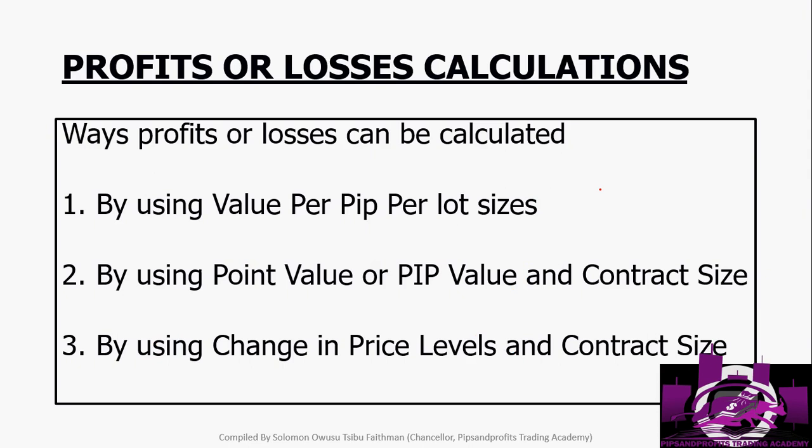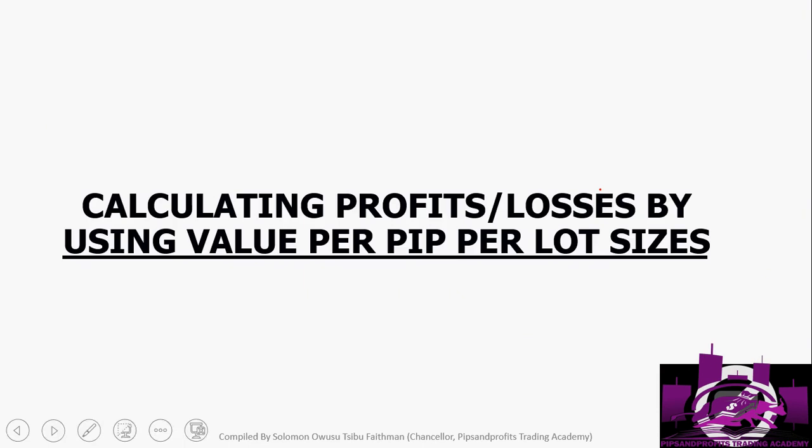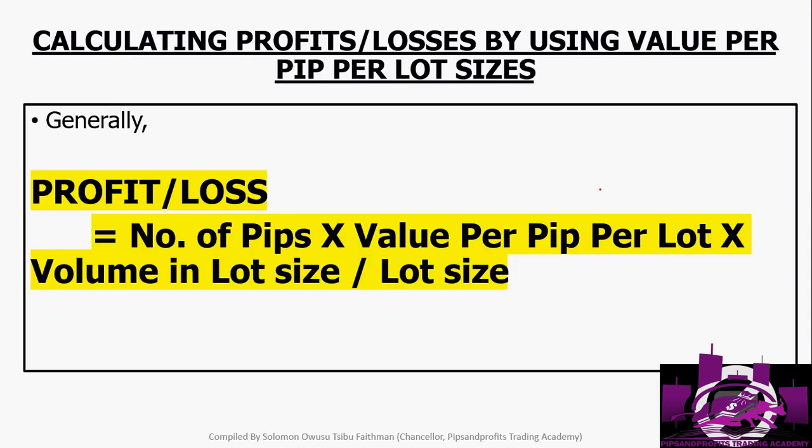When we are using the value per pip per lot size, what will be the formula? So this is calculating profits or losses by using value per pip per lot sizes. Okay, so this is the formula. Now, you are not going to worry yourself getting this because of what we have done already.